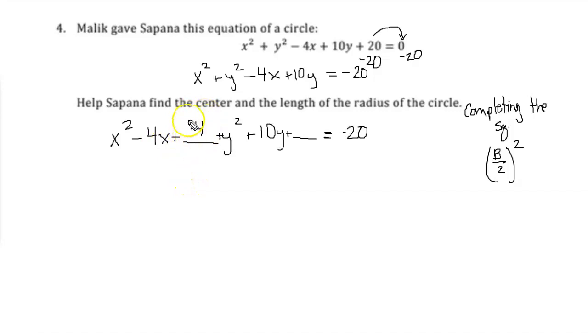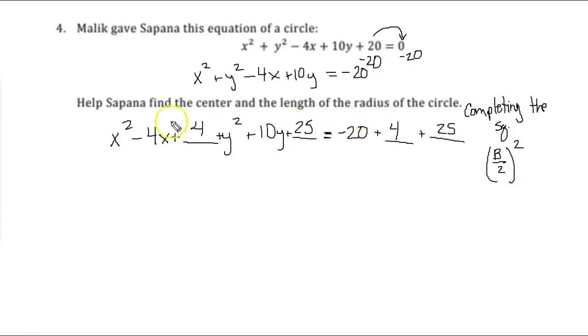But I can't add 4 on this side of the equal sign unless I balance it out by adding 4 on this side of the equal sign too. So we want to make sure we keep things balanced. When I added 4 here, I had to add 4 over here as well. Now I want to complete the square again. Half of 10 is 5. 5 squared is 25.